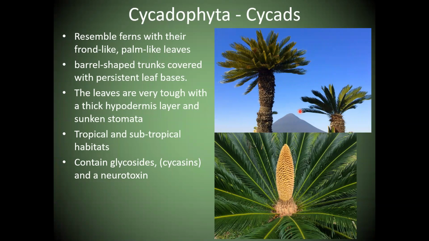So cycadophytes produce glycosides, right, which is actually a neurotoxin, meaning it could interfere with the communication among different neurons, right? And the reason for producing a neurotoxin is actually to create a defense against pathogenic bacteria and fungi, right?